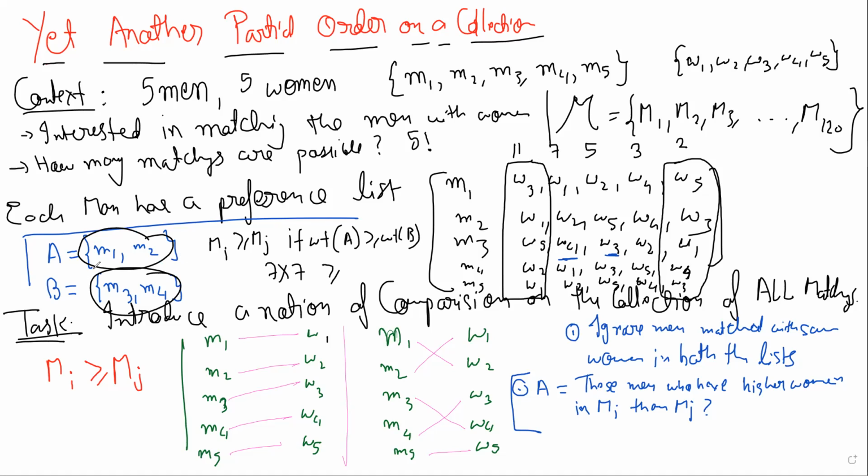But for example, it might be that M1 gets the second woman in his preference list. But it's possible that M3 and M4 also get second in Mj. M3 gets the second woman in his preference list in Mj. B is for Mj, and he also might get second, and that is not a problem. So this can be equal again.